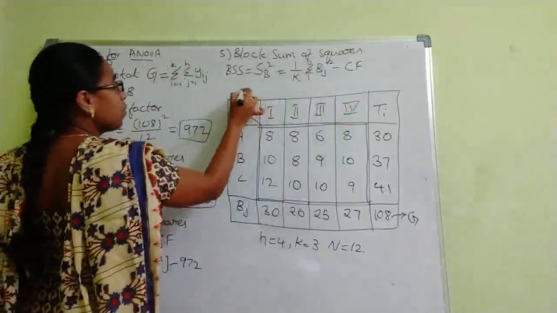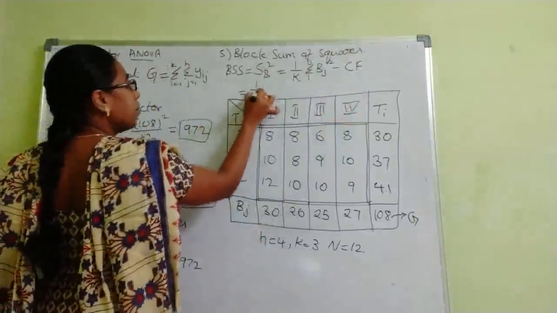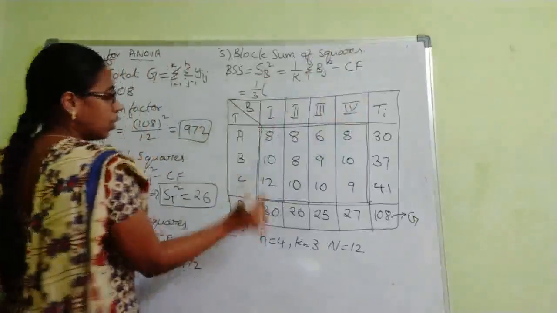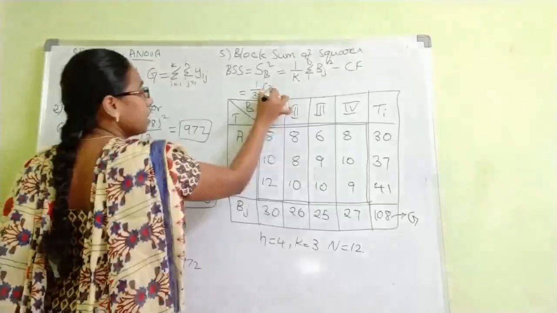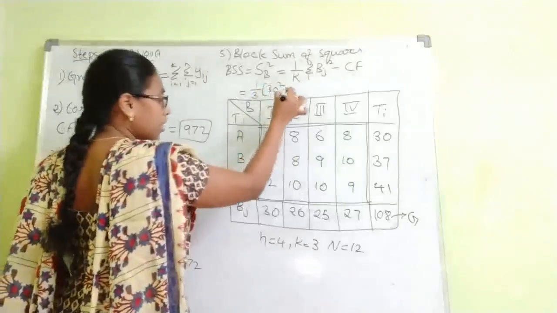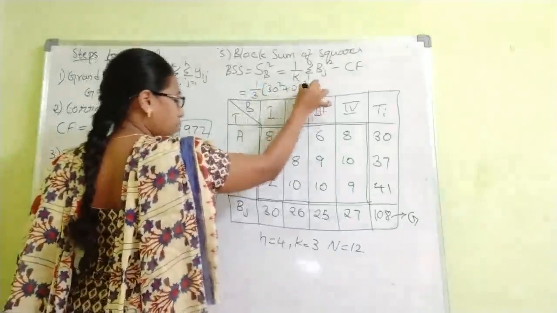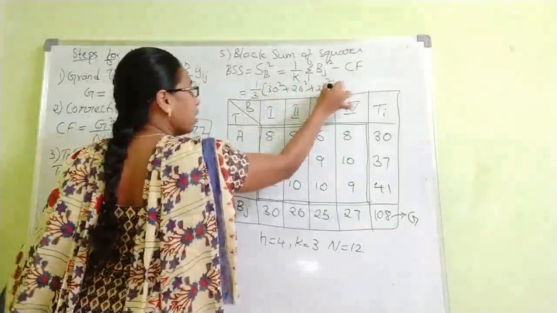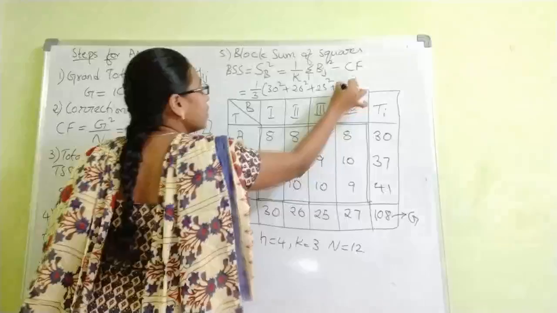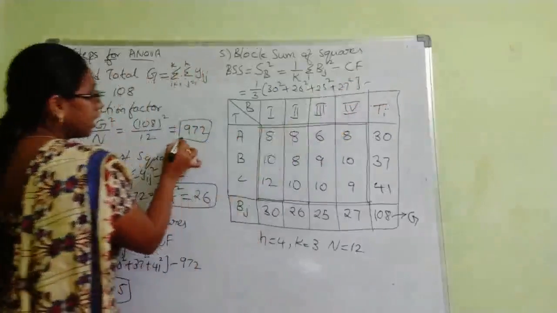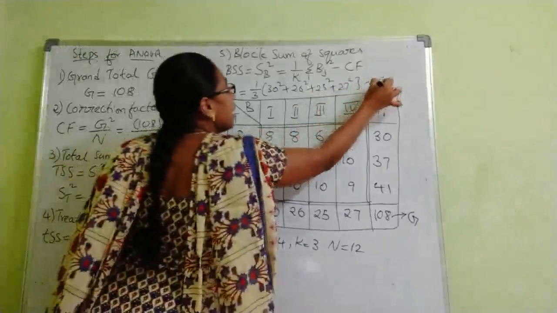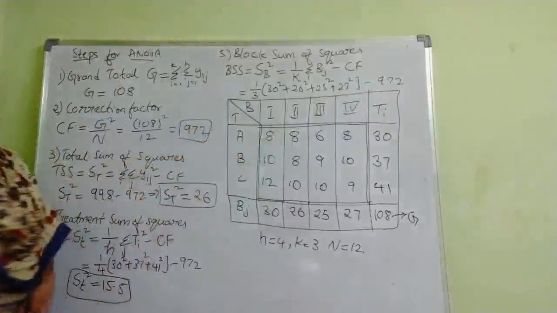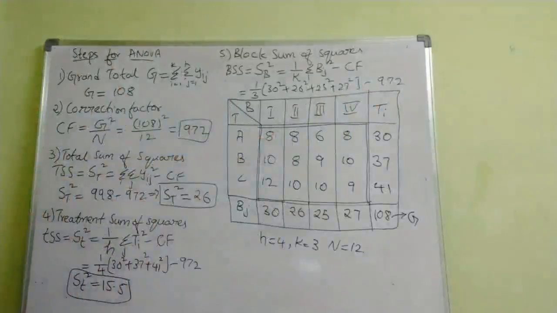So substitute the values. 1 by K means 1 by 3. So what are the Bj values? 30 square plus 26 square plus 25 square plus 27 square minus correction factor value is 972. So we got all the required values.